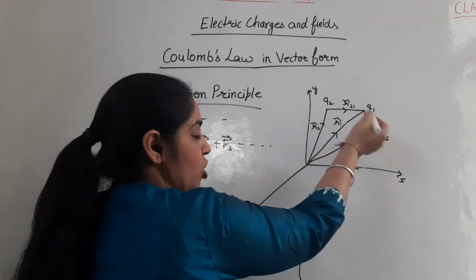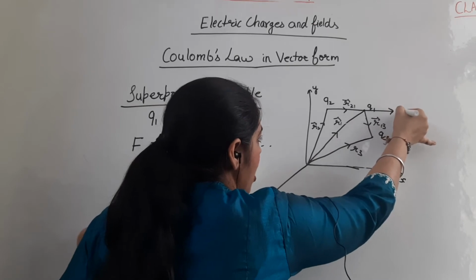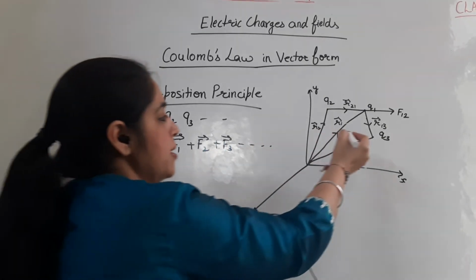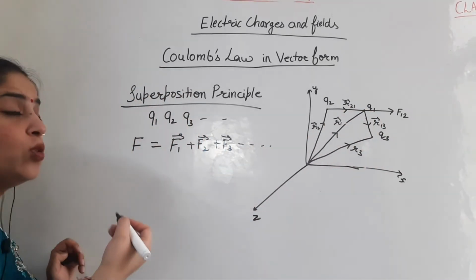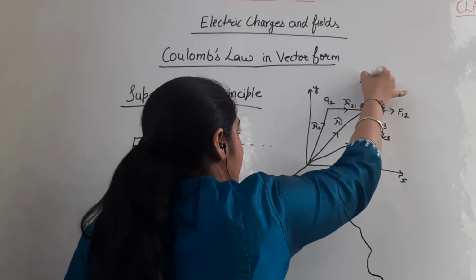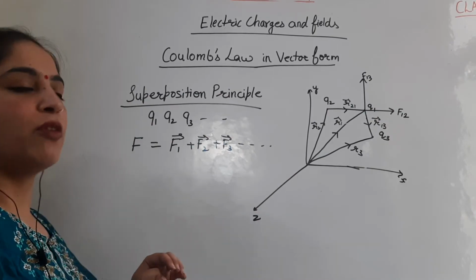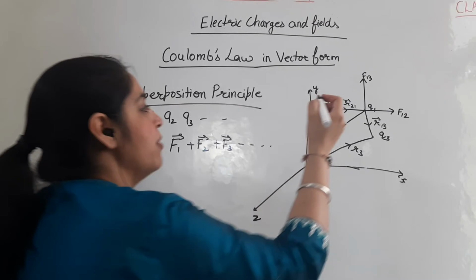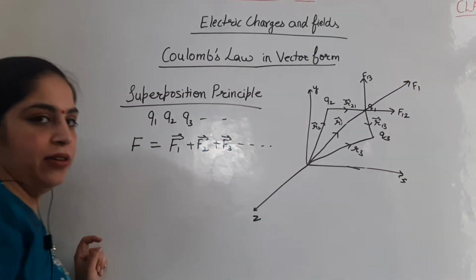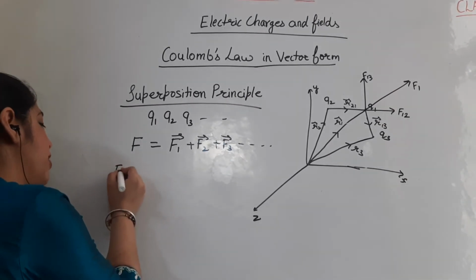Now, as charges are positive, Q2 will cause a repulsive force, outwards, F12. So that is the force on charge 1 due to 2. Similarly, Q3 is also positive, so the force due to it will also be outwards. That will be F13. Now, these two forces are just like the two sides of a parallelogram, so the resultant will be given by the diagonal. You have studied it in vectors. Okay, let's write down first F12.